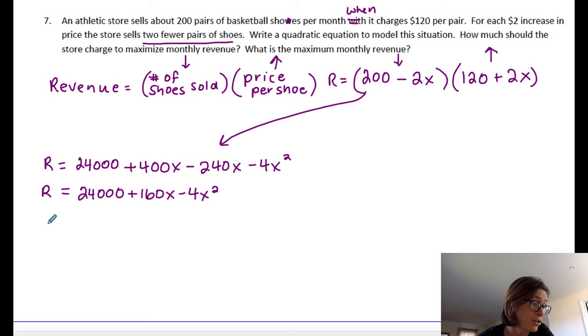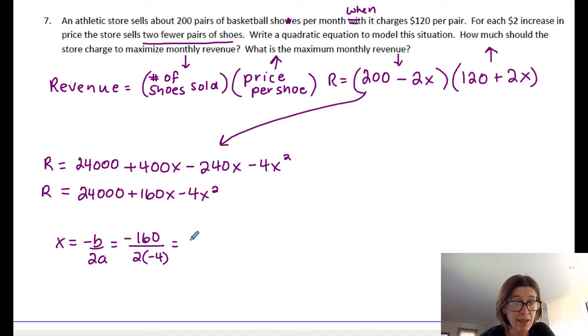And now I'm going to find the x-coordinate of the vertex by doing x equals negative b over 2a, which would be negative 160 all over 2 times negative 4, which is going to give me 20, okay? So 20 is the amount of changes, right?